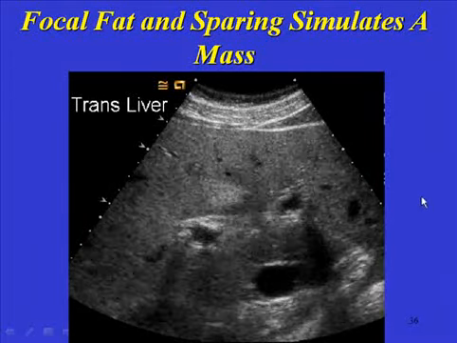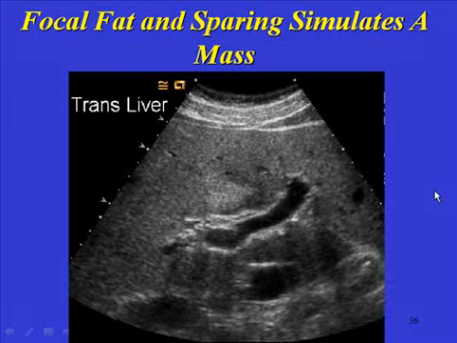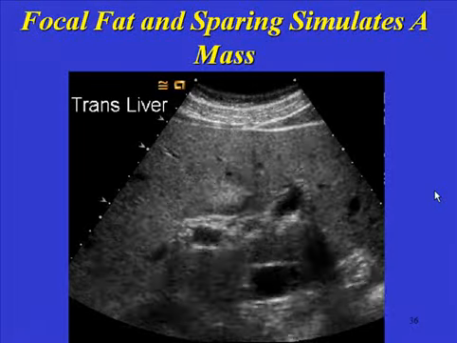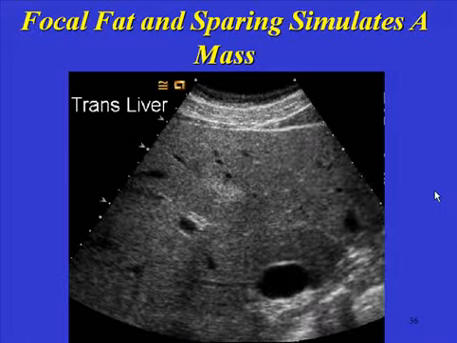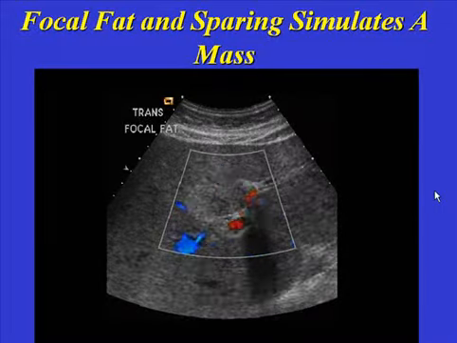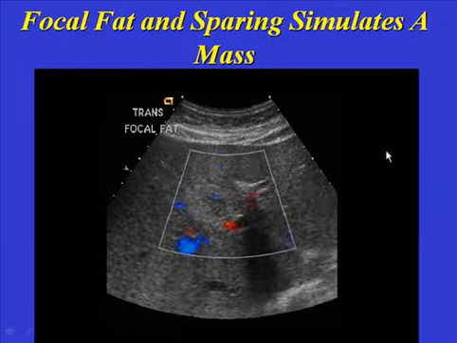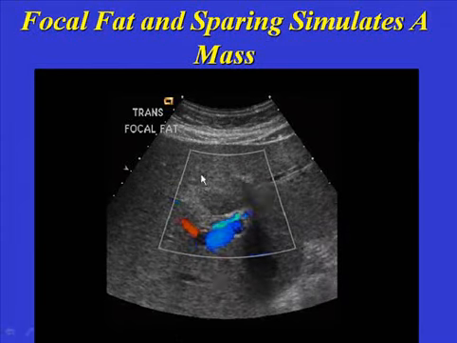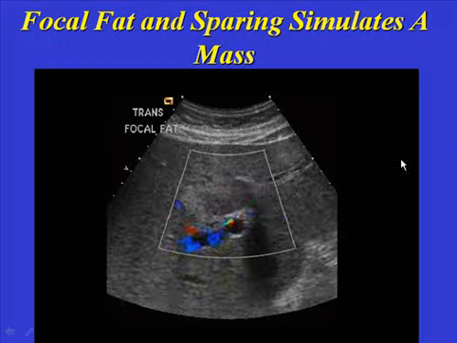So this almost looks like a lesion with a halo, but this is, in fact, just focal fat and sparing around it. Here's another one. I think this is actually the same patient who has this central hypoechoic area and peripheral increased echogenicity.